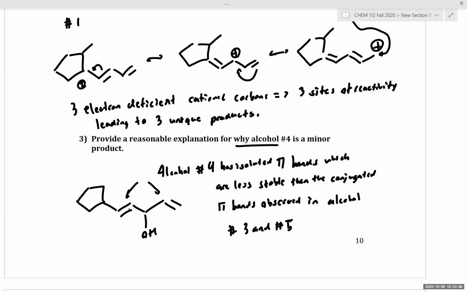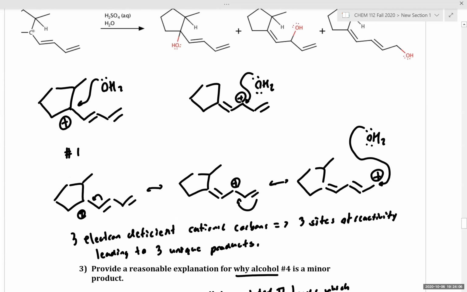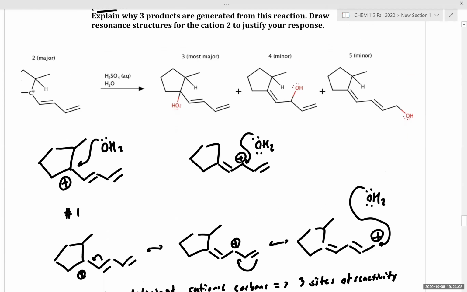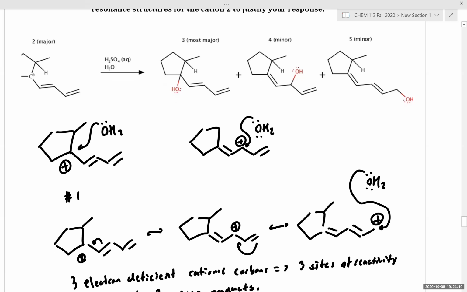Does this example make sense to everyone? Can I ask a question? Sure. For this question, I had drawn a resonance structure without the alcohol, pointing out that number 4 was a secondary cation, whereas the other 2 weren't. And I was docked points on this one, even though I had written that it was less stable.